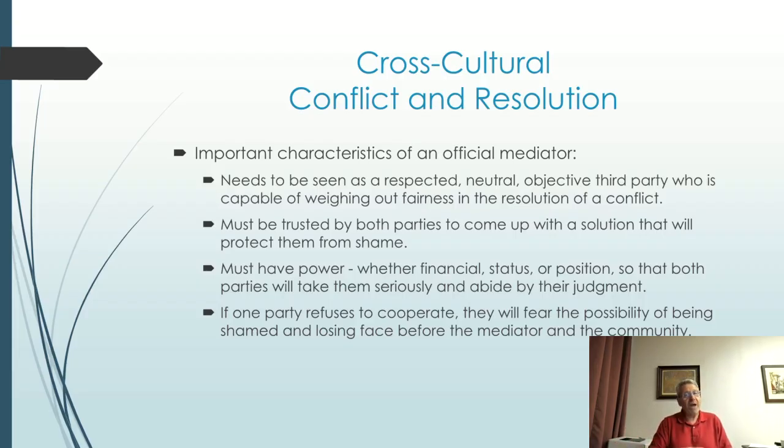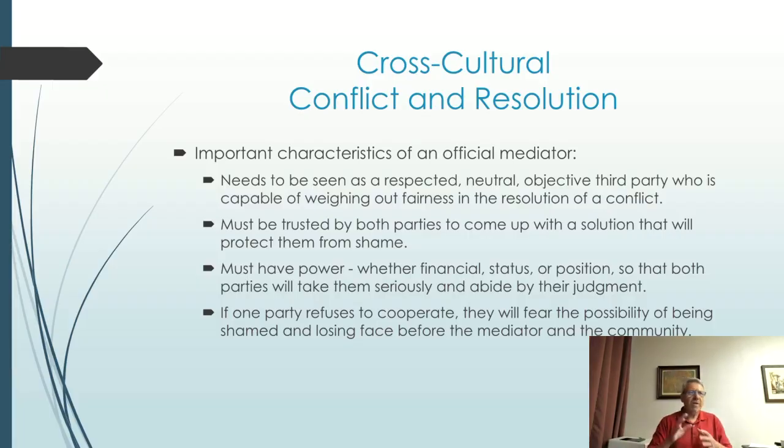And they have to have some sort of power. They have to have some sort of situation where, either through influence of their position or their status, or whether it's a financial influence that they have, they have to be somebody that can, if one party refuses to cooperate, they need to fear the fact that that mediator can say, look, this person is still bringing disgrace on our community because they're refusing to accept and cooperate.